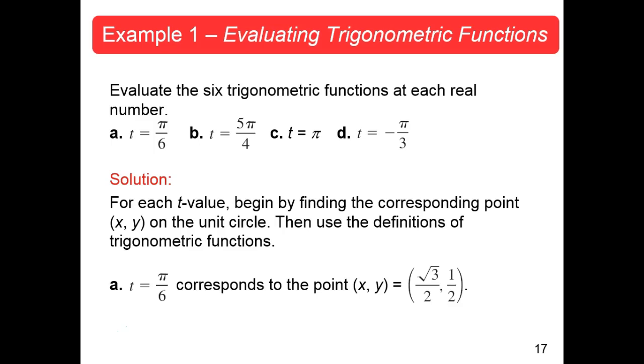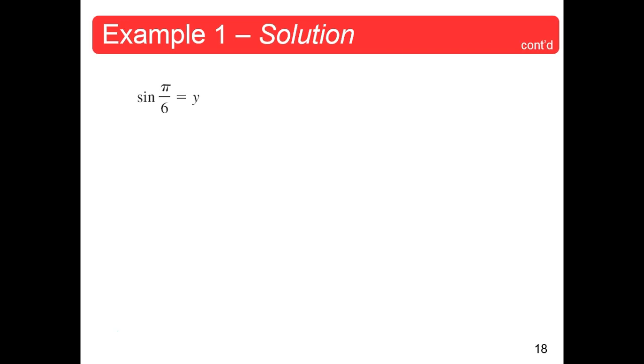And once you have that, the sine of this is the y value, the cosine of this is the x value, over 1, of course, okay? And the tangent is the ratio of those two, and then all the rest are reciprocals. So it's pretty simple to do. The sine of pi 6 is your y over 1, because remember that is over the radius, which is 1.